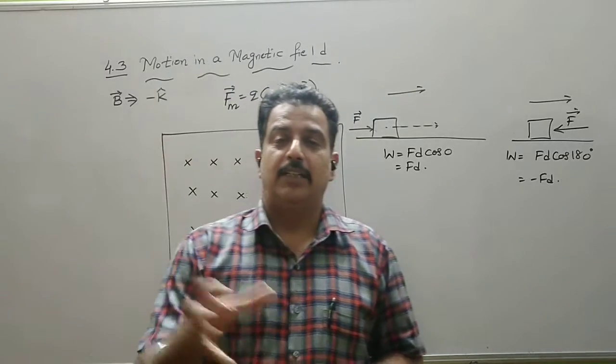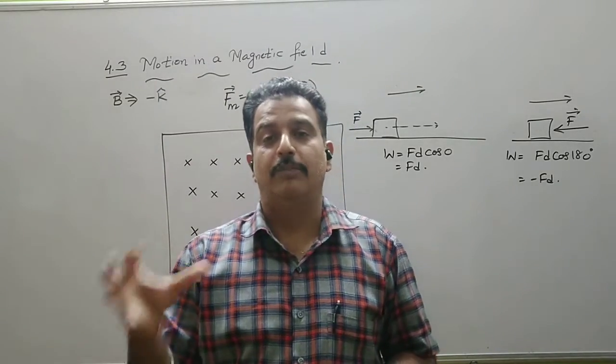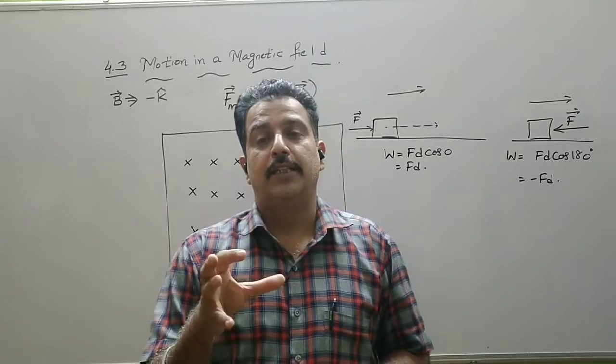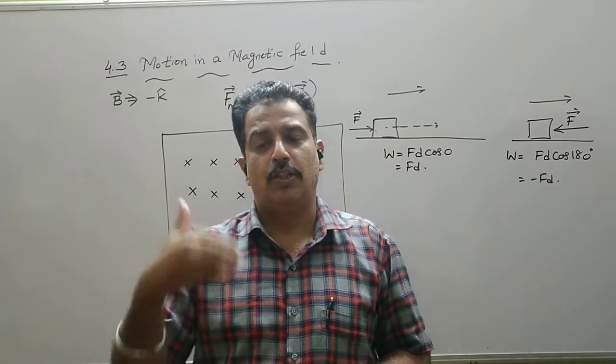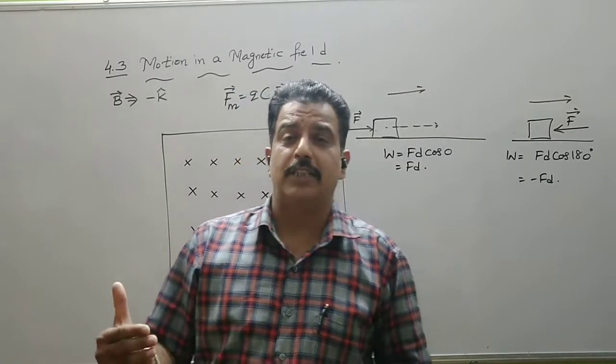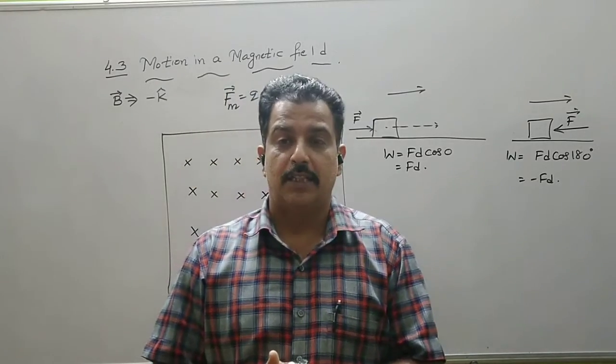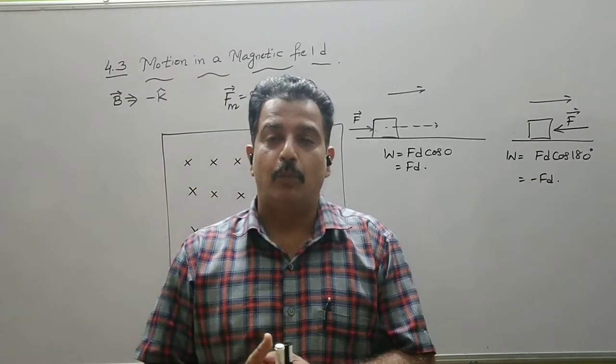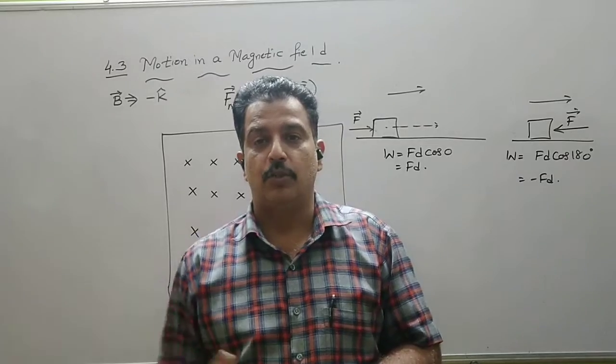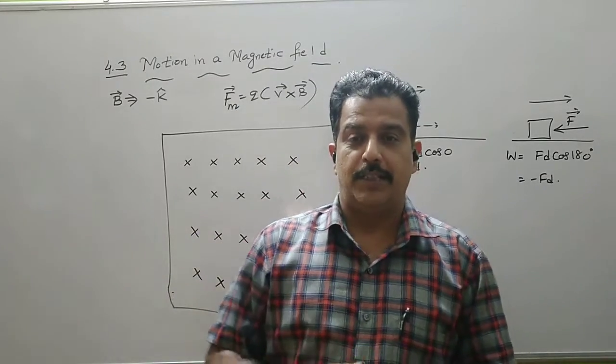The particle performing uniform circular motion means its velocity changes continuously, or at every instant its velocity changes but speed remains constant. There is a change in the momentum because momentum is mass into velocity.